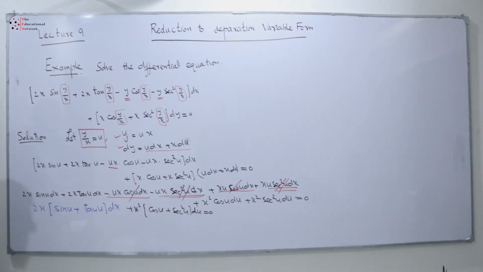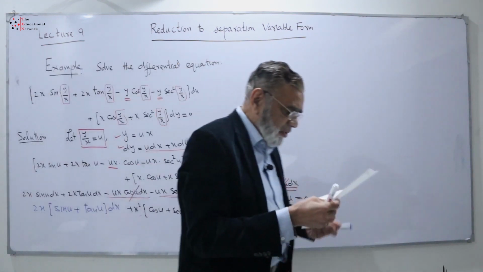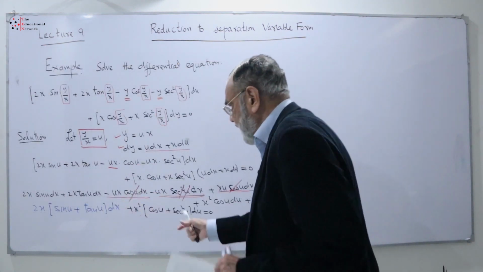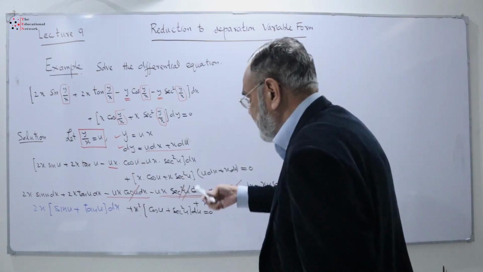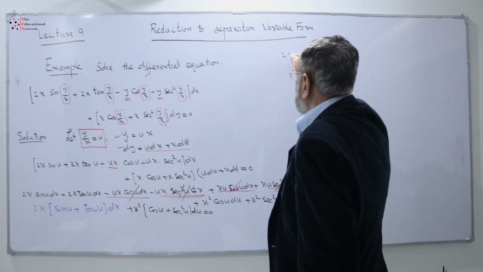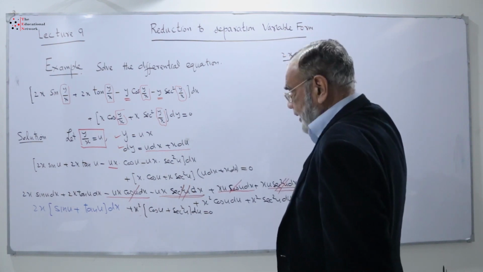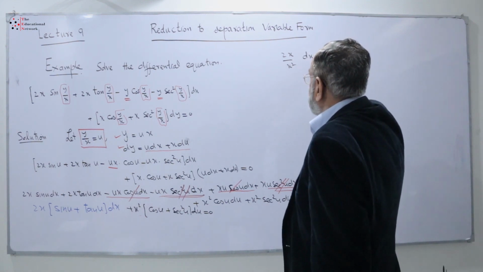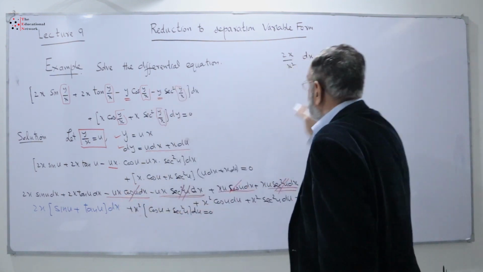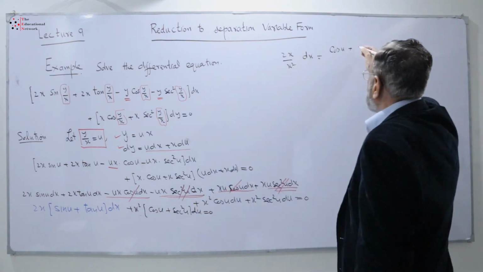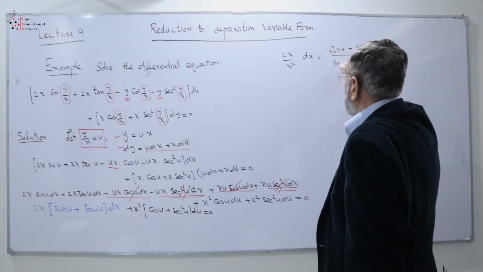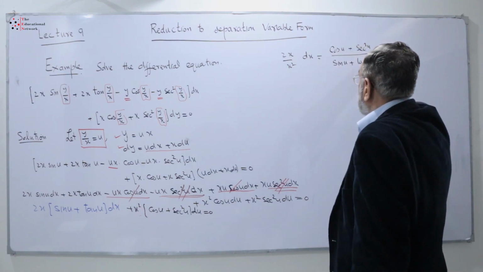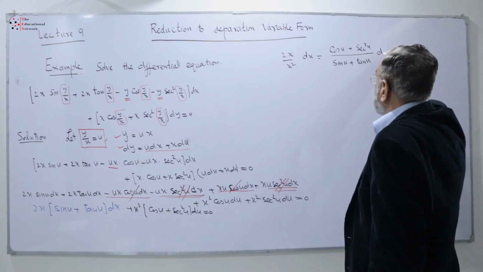Now we try to separate the variables, keeping u on one side and x on the other side. So we can rewrite this one. Taking x on one side, we get du by, we take these x terms to the other side, we get here 2x over x square into dx, and taking u terms to this side, we get here cosine u plus secant square u over sine u plus tangent u into du.